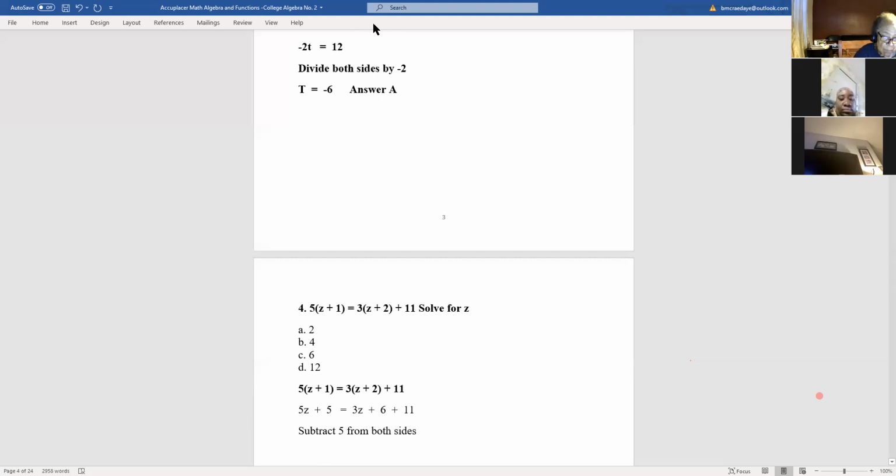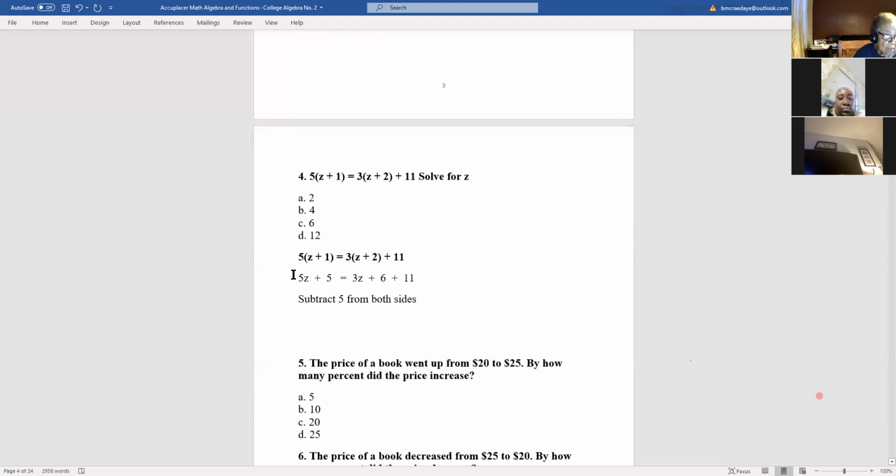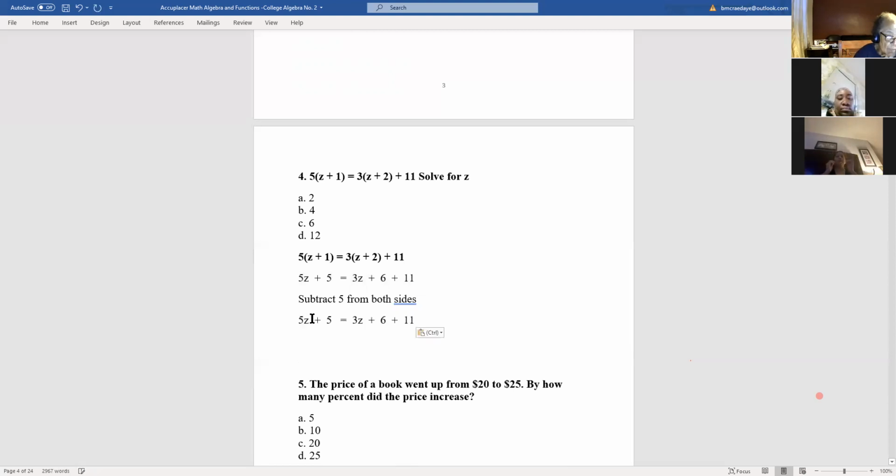Okay. Now let's write what you'll have left when you do that. Let's just copy this and subtract the 5. So this would be minus 5. Same thing on the right side of the equation, minus 5.